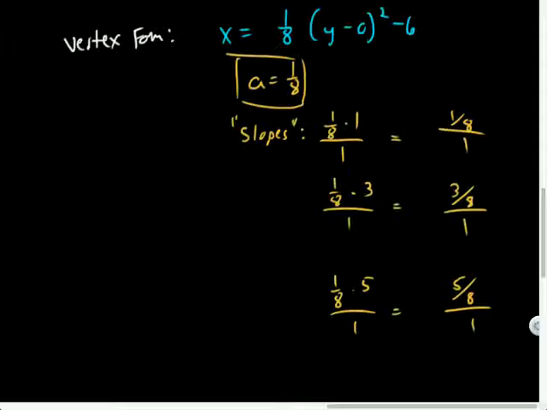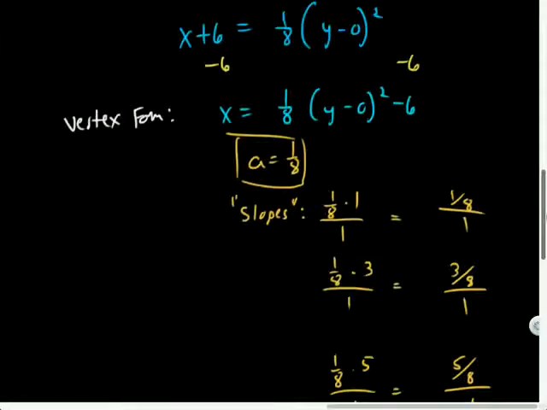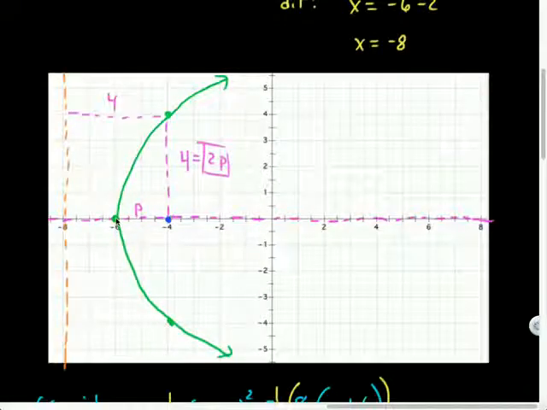You don't have to do this tonight. I'm just trying to relate these to make sure we'd have the same graph. So I would have said the vertex was still 0 and -6, although in a horizontal perspective. So let's see, 1/8, 3/8, 5/8. From my vertex, here's -6, here's -5.